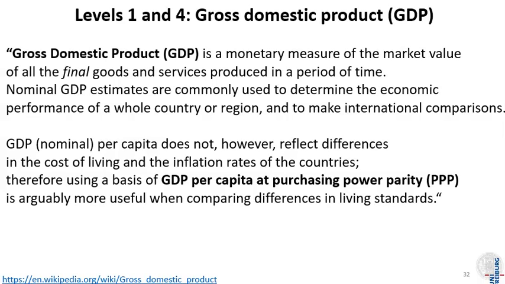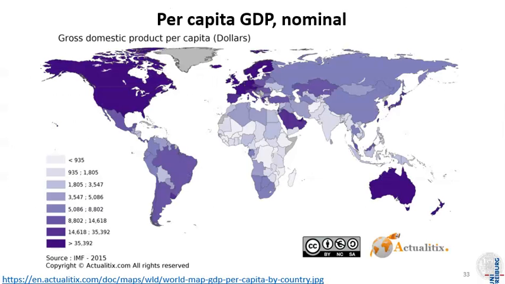And this resulting indicator is called the GDP per capita at purchasing power parity, so converted in a way that one currency unit of this GDP buys you the same amount of services in every country.